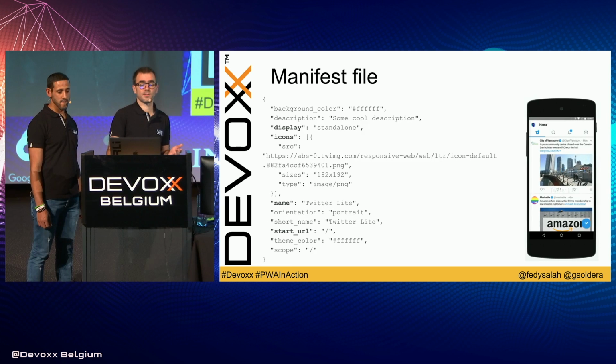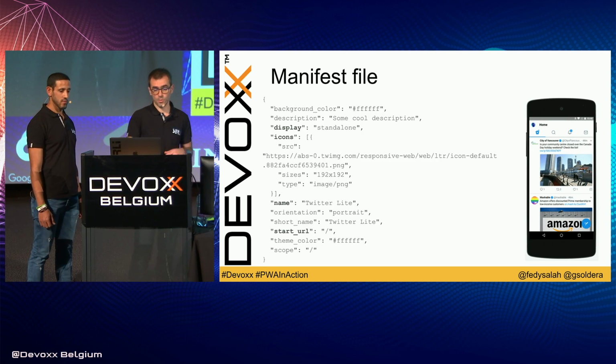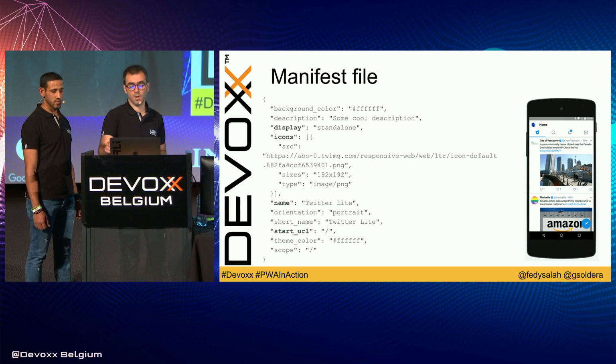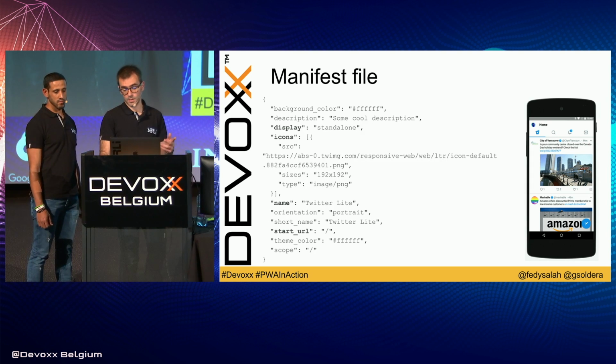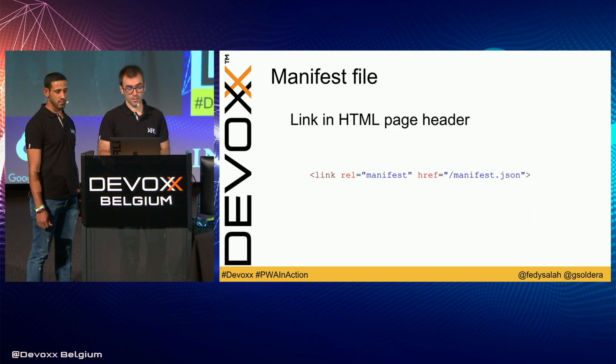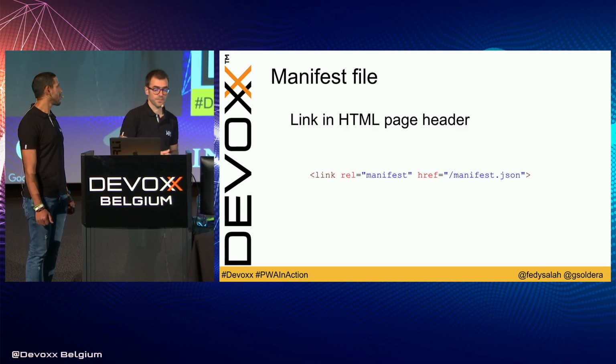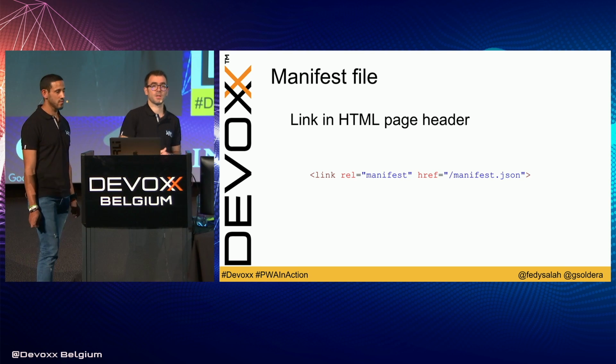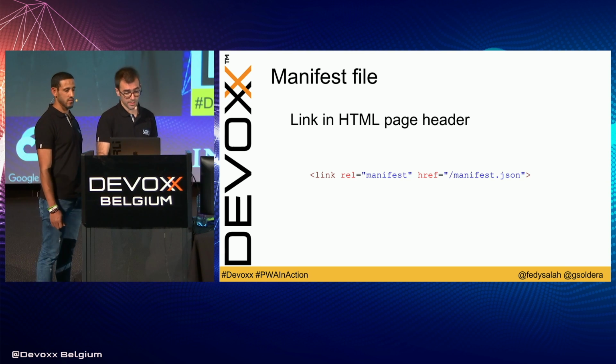And when the application is launched, it's launched in full screen. You have no URL bar. It's like a native app. This manifest must be linked in the HTML page header, just like that.